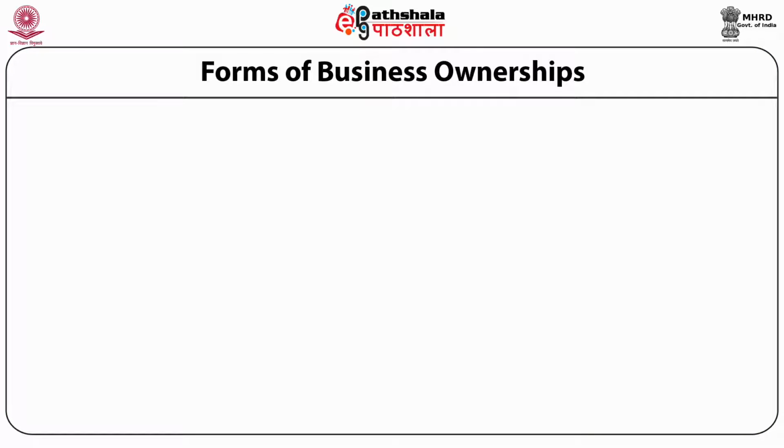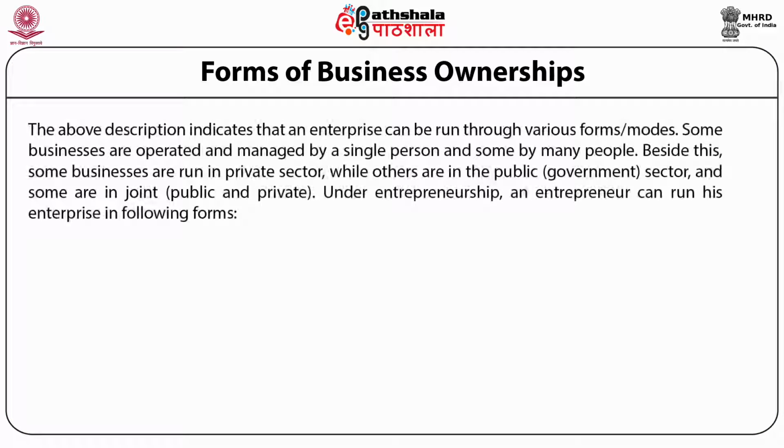Forms of business ownership. The above description indicates that an enterprise can be run through various modes. Some businesses are operated and managed by a single person and some by many people. Besides this, some businesses are run in the private sector while others are in the public sector, and some are in joint, that is public and private.